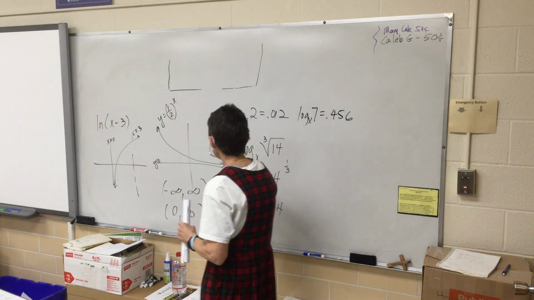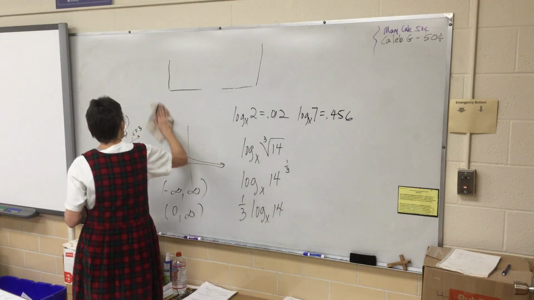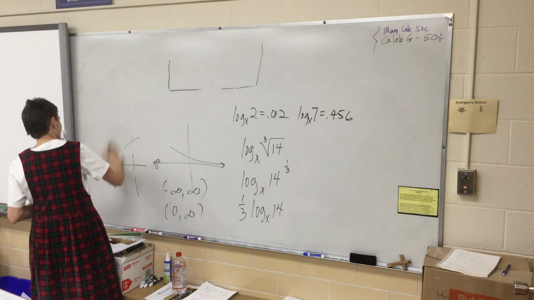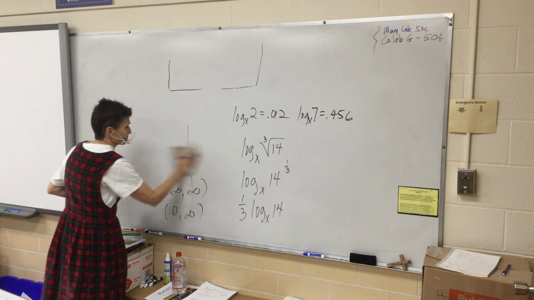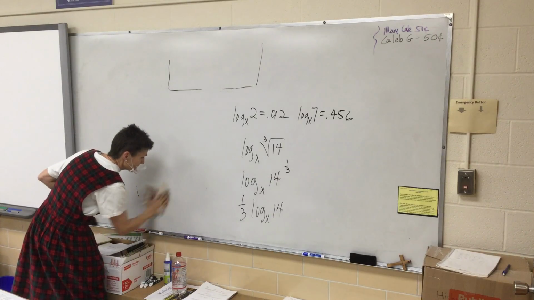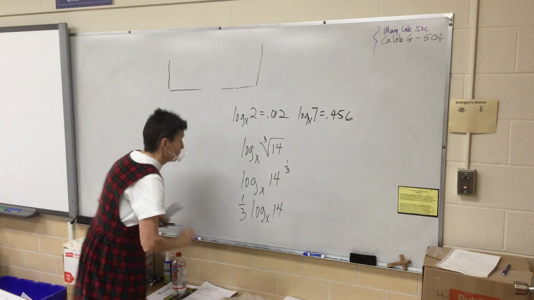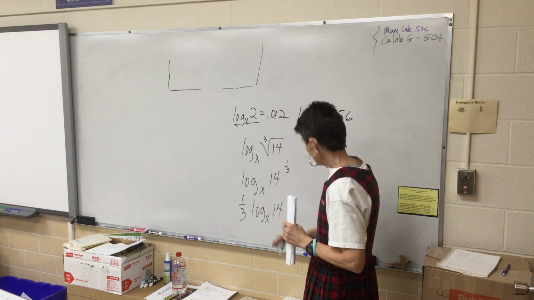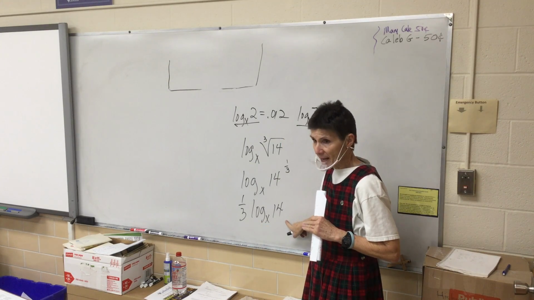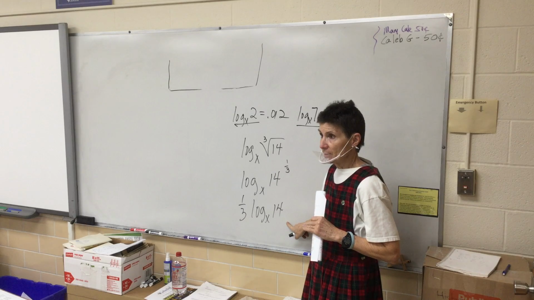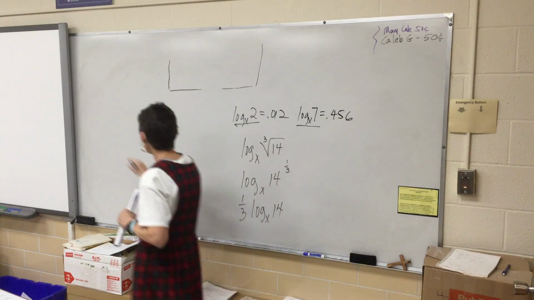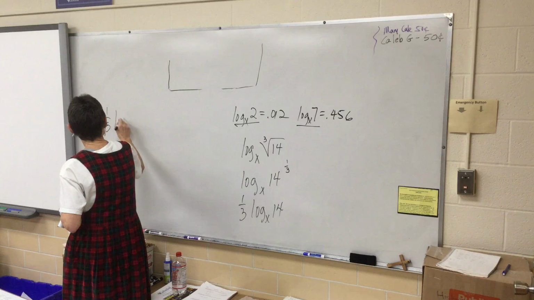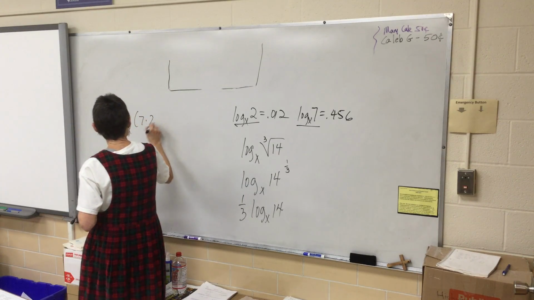Now, look at what you were given. You were given the log of 2 and the log of 7. Is there anything coincidental about that? Okay, so you have 1/3 the log of 7 times 2.